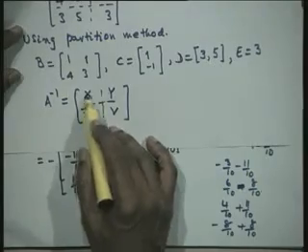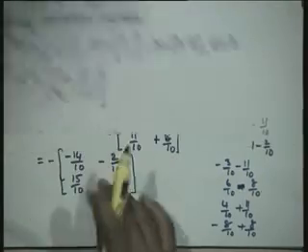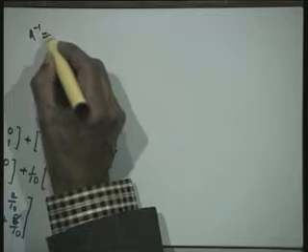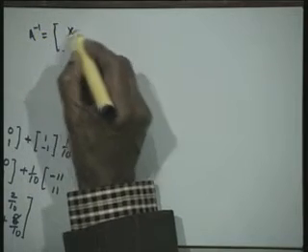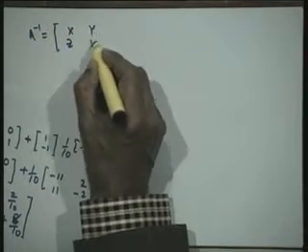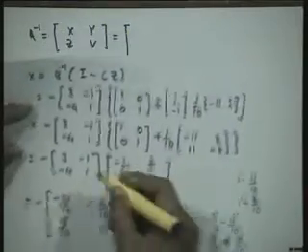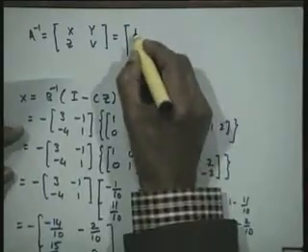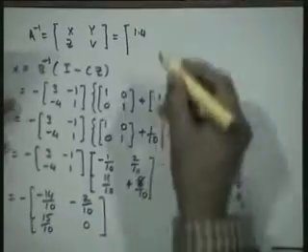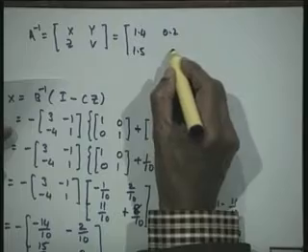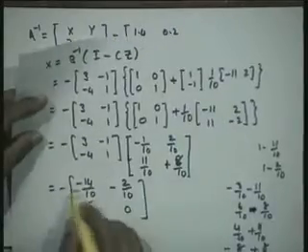Now, we have found out all these 4 quantities, we place them in the proper order x, y, z and v, that will give us the inverse. Therefore, A inverse is equal to x, y, z, v, and that is, let us take the minus sign inside, 14 by 10, that is 1.4, this is 0.2, this is 1.50 with a negative sign, I am putting the minus sign inside.